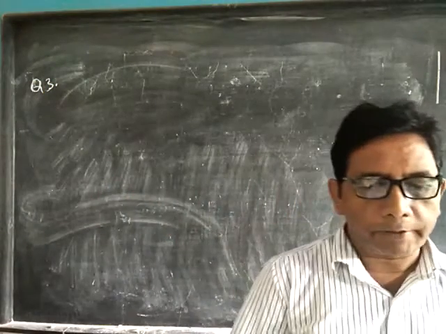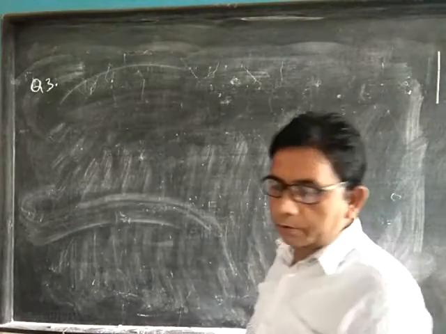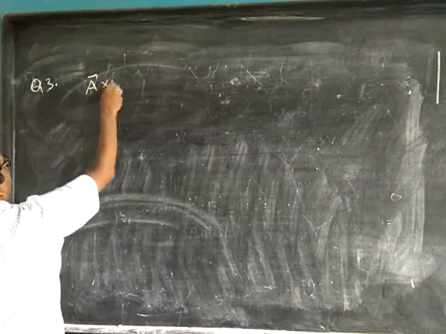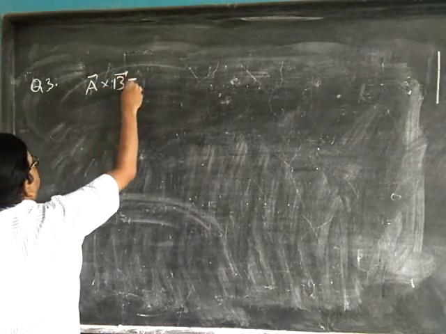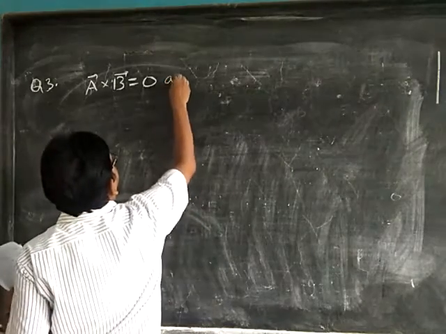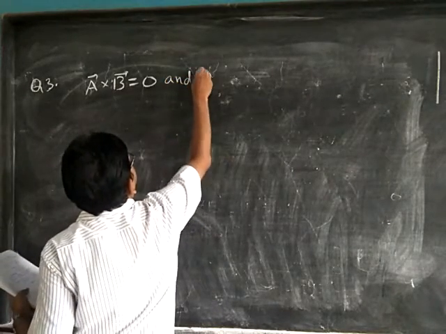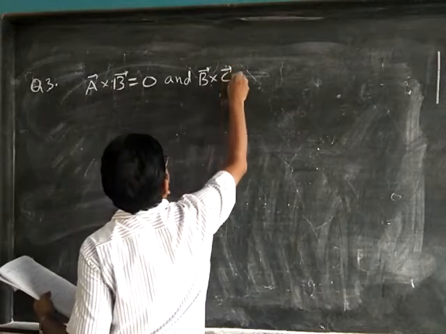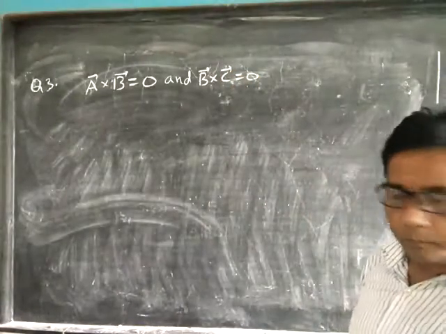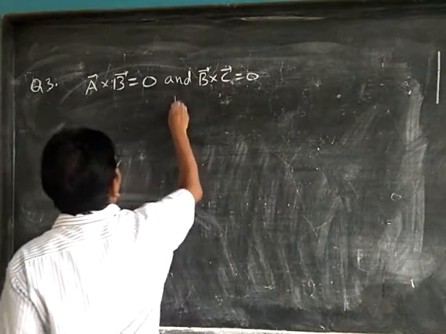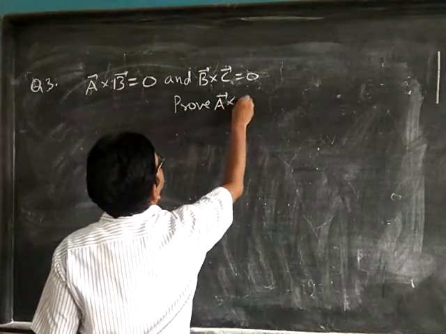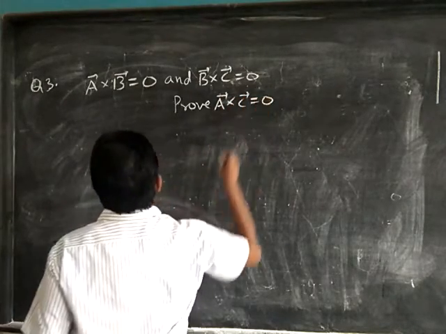If vector A cross vector B is equal to 0 and vector B cross vector C is equal to 0, prove vector A cross vector C is equal to 0.